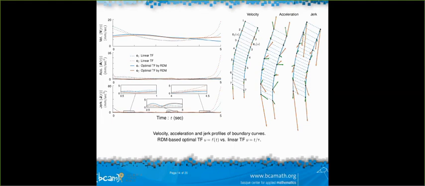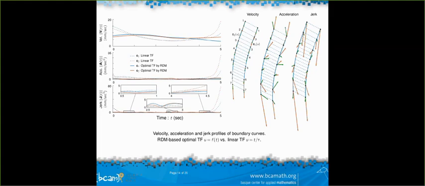The most important for us is the value of that. The red ones are the linear or original parameterization, and the green ones are our optimized one. You can see almost throughout the entire motion, the optimal one has a lower magnitude in terms of jerk, and as well in terms of acceleration.